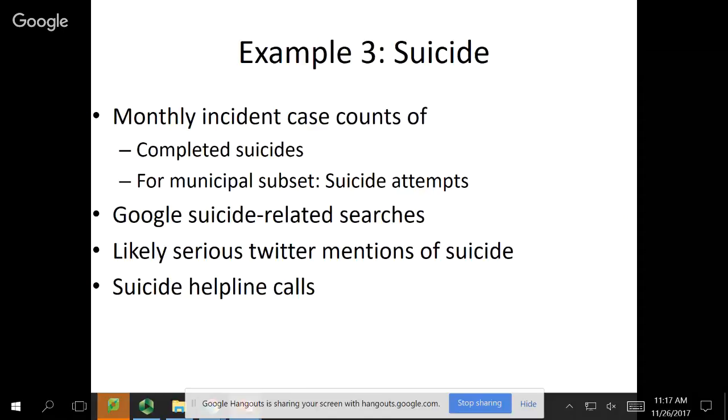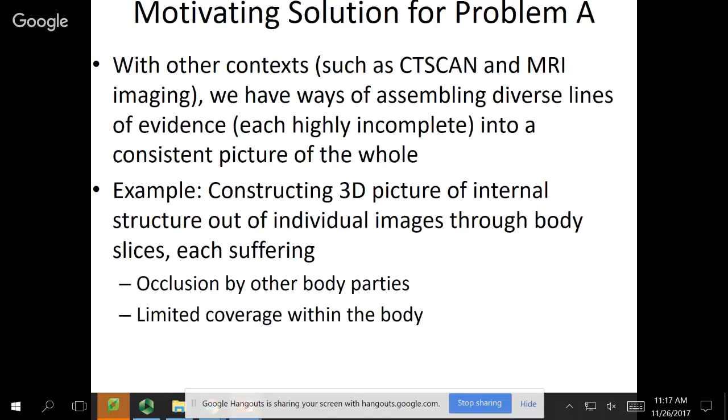All of these, again, are different facets of an underlying system. And here we're interested in, if possible, knitting them together into a consistent picture of the whole system.